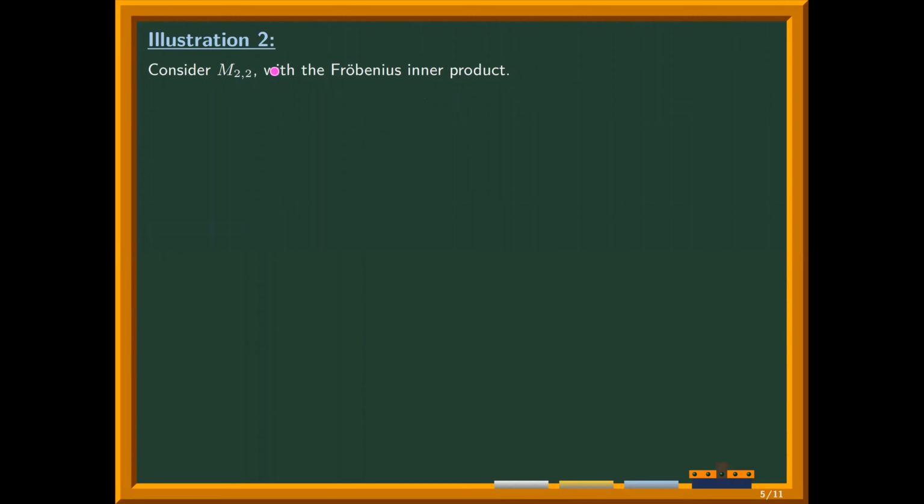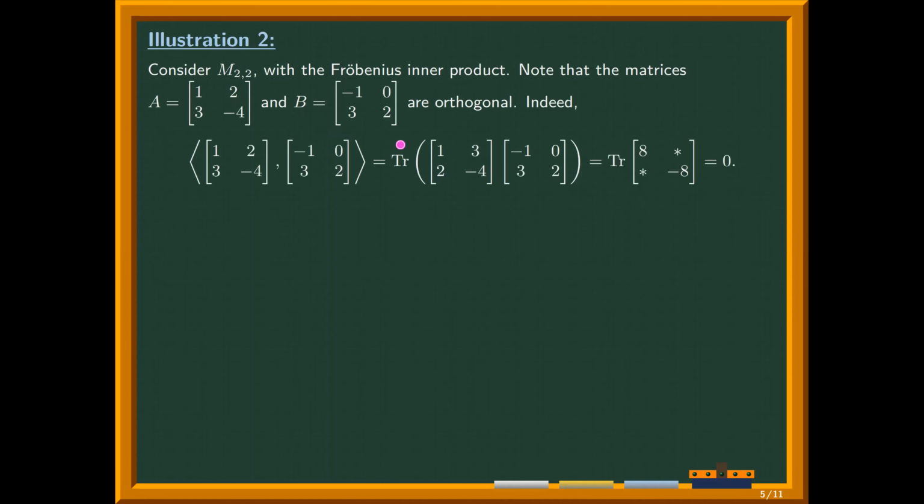Okay? So if A and B are 2 by 2 matrices, then their Frobenius inner product is equal to the trace of A transpose times B. So here, we note that matrix A is orthogonal to matrix B because we can see that the Frobenius inner product of A and B is equal to 0.